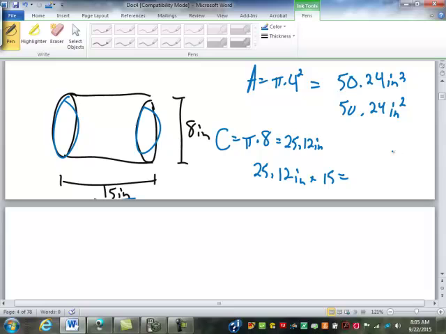Which is going to give us 376.8. What'd you say? Did you use the pi key or 3.14? Okay, I was using 3.14, so it's the same thing. We're good.